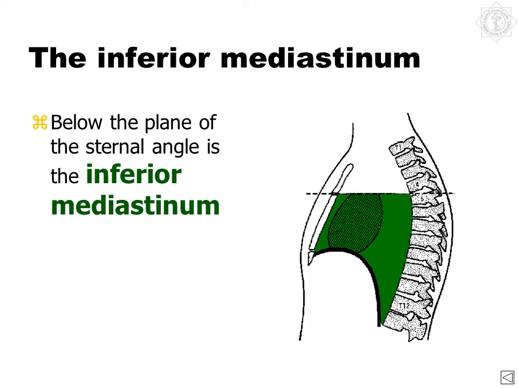Anterior, in front of the cardiac pericardium. The middle part we call the intermediate mediastinum, which contains the pericardium, the heart, and the trunks of the main vessels. Posterior is behind the pericardium, and it contains many structures until we reach the vertebral body.